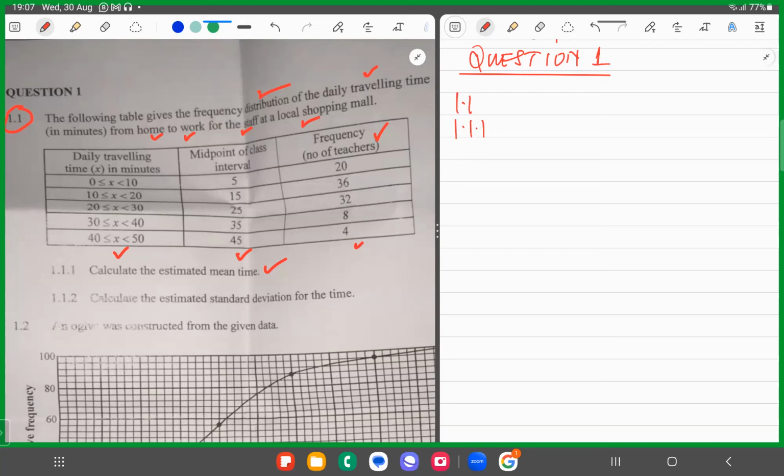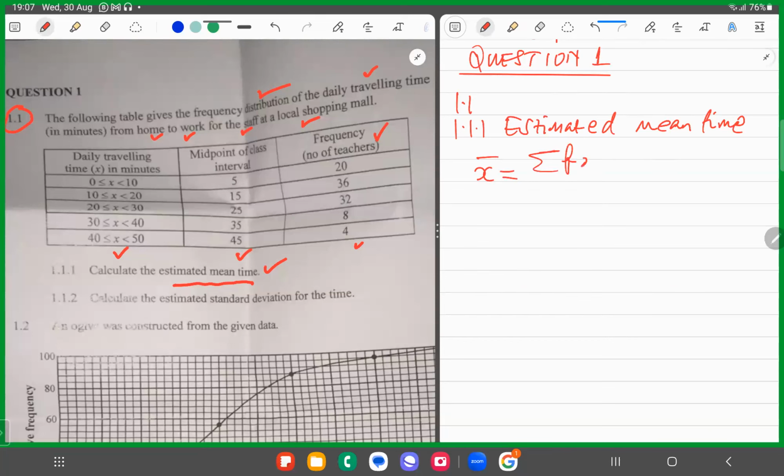And we enjoy ourselves with more statistics and probability. Right, the estimated mean time. What is the estimated mean time?